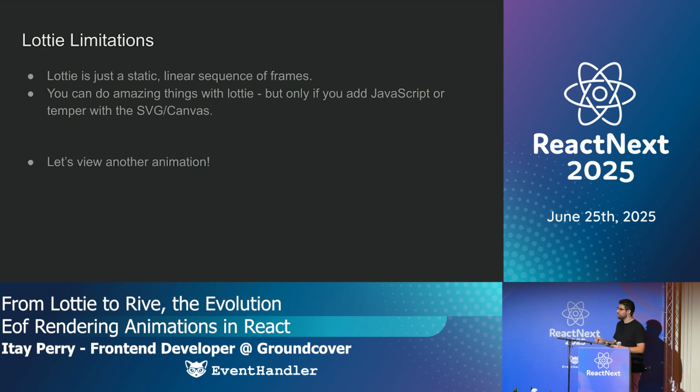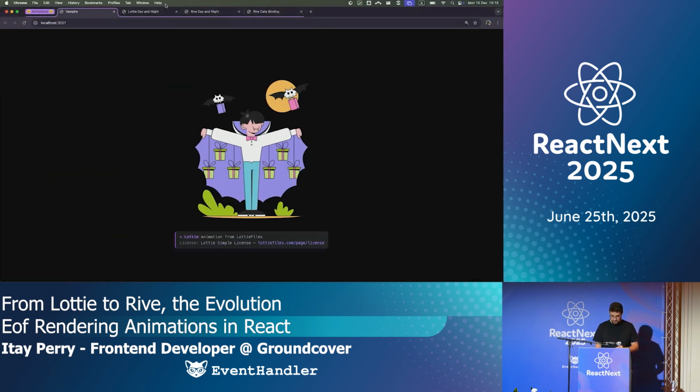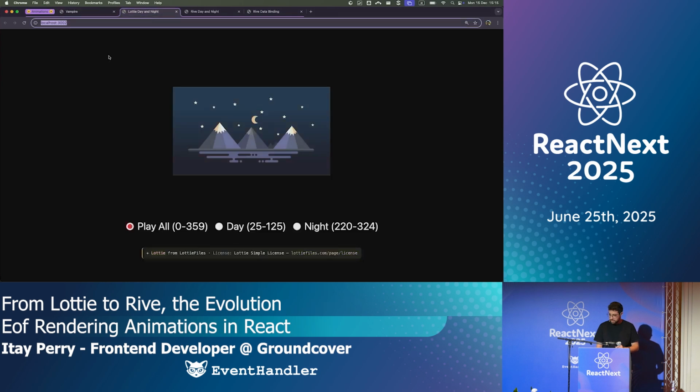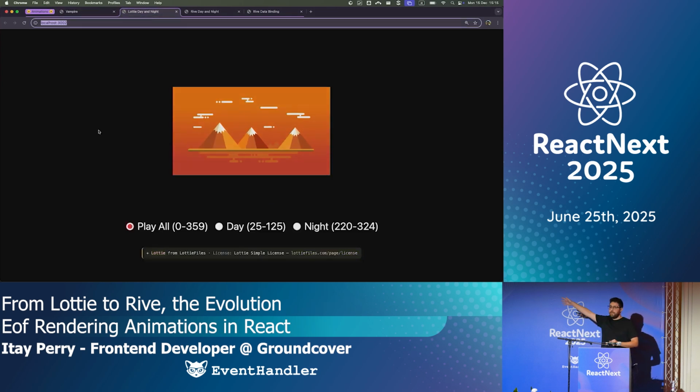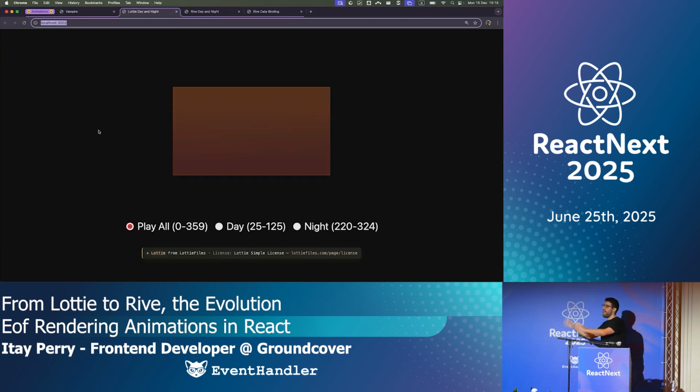Now, I want to show you another animation, just to show you this limitation so you could really understand it. Okay, is this big enough? Okay. This is also a public file taken from LottieFiles. I want you to imagine that you have this animation in your app.